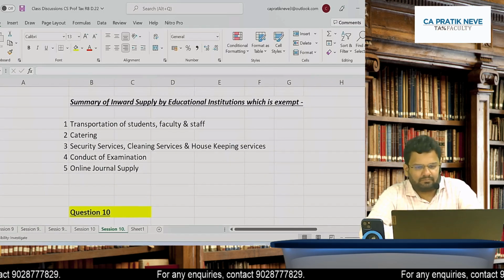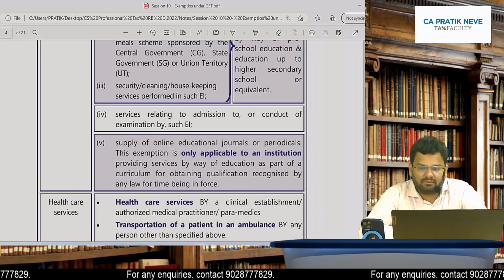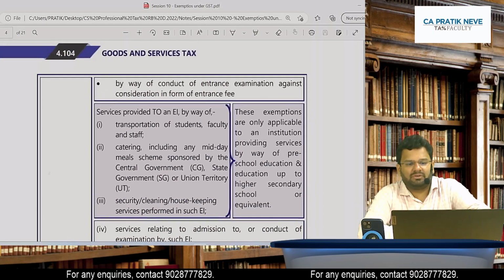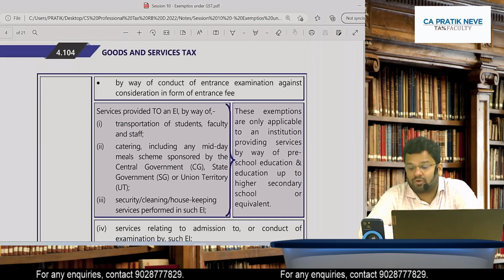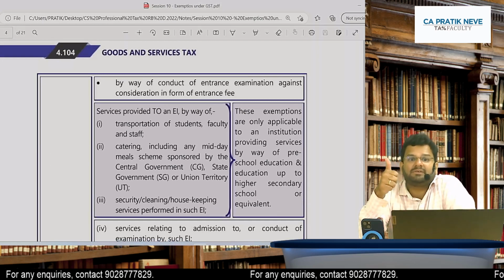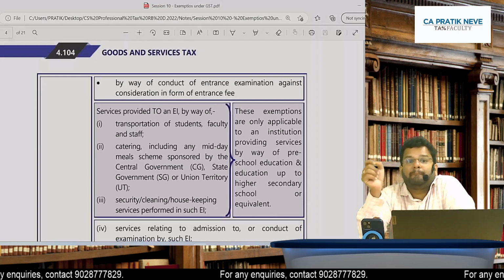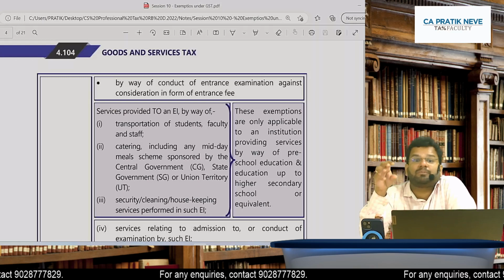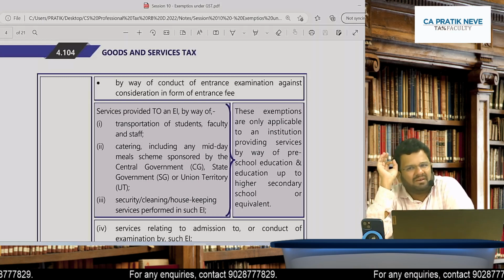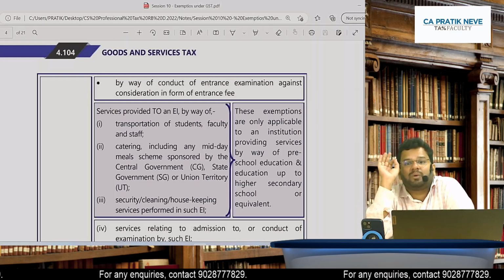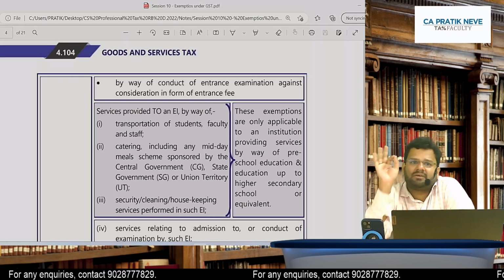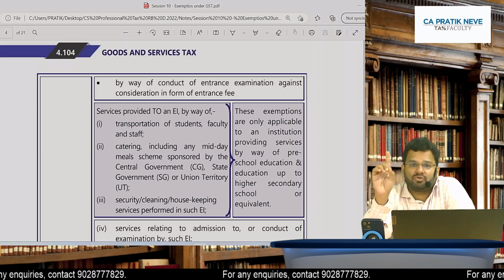So there are three types of education institutions. One is those which are providing preschool education and education up to higher secondary, in simple language till 12th standard. Those institutes which are providing education up to 12th standard, that is one education institution.